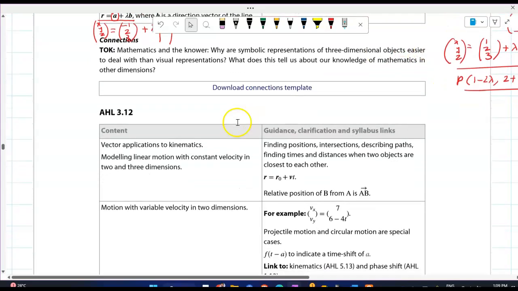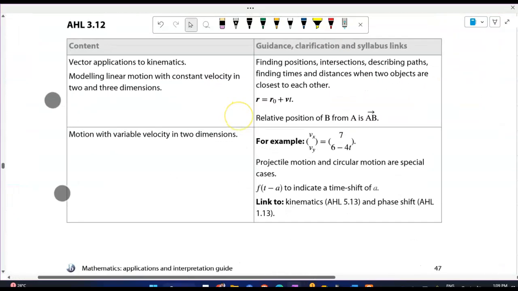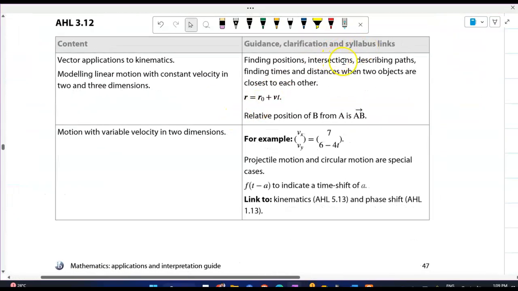Vector application to kinematics, finding positions, intersections. So basically, kinematics again: your position at any point and any time t, you can call it r, is equal to r0 plus tv. So r is the position at any time.